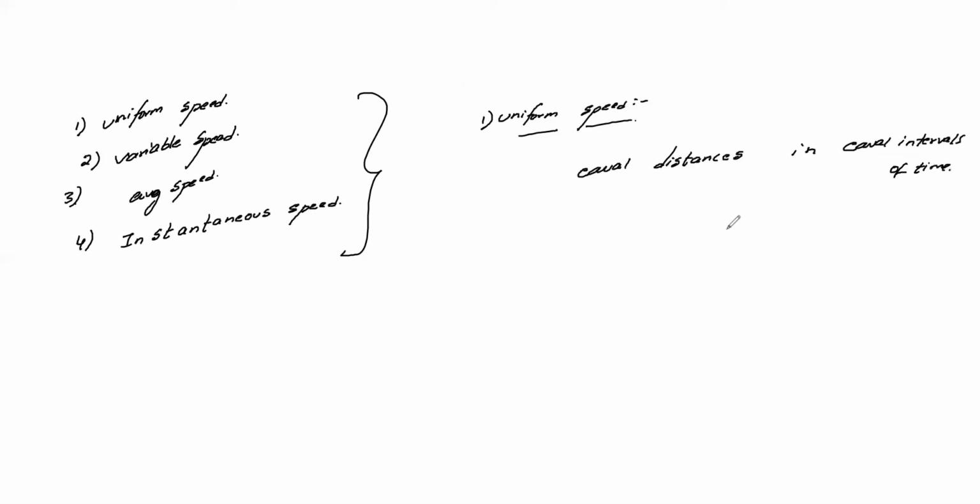Here the changes are small changes within time intervals, not a bigger change. This one we call uniform speed.